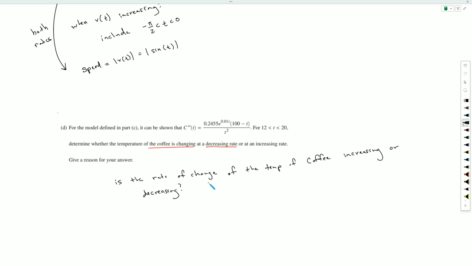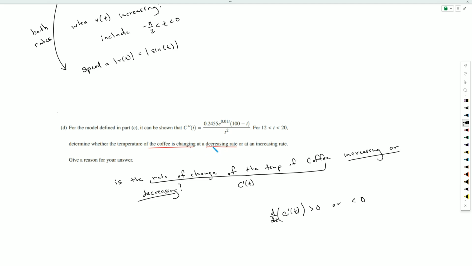Maybe you guys still disagree. We're asking about the rate of change of the temperature of coffee, which is C prime of t, and I'm asking if that's increasing or decreasing. So I'm literally asking you, is C prime of t, the derivative of this, greater than 0 or less than 0? That's fundamentally what I'm asking at that point.